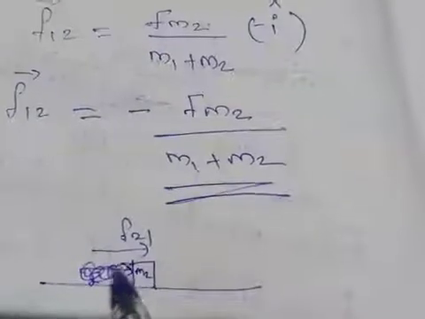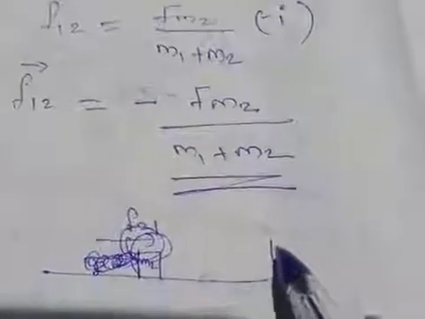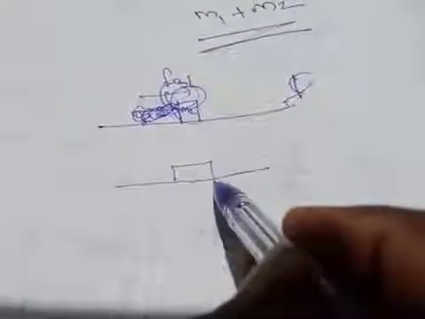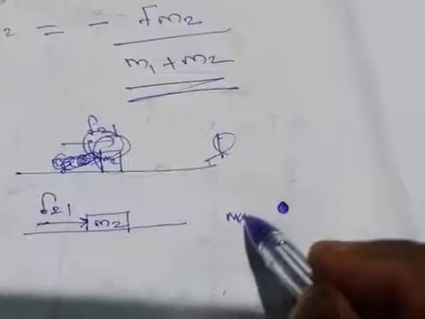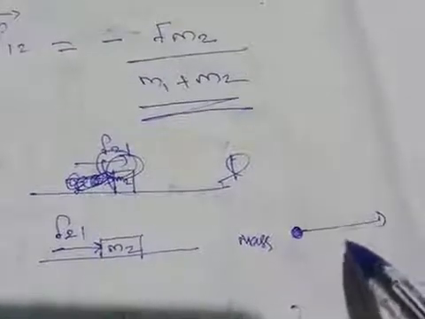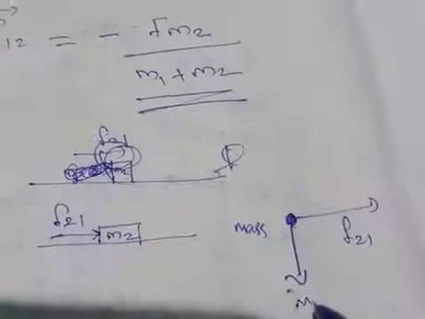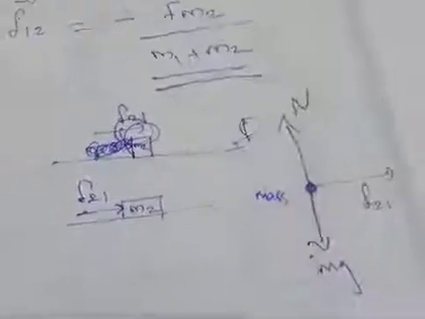This capital F is no need, just take this mass. The small mass M2, and here the force acting is F21, the force on 2 due to 1. In the free body diagram, the mass has mg in this direction and the normal force in this direction. This is the free body diagram, and we can find the equation.